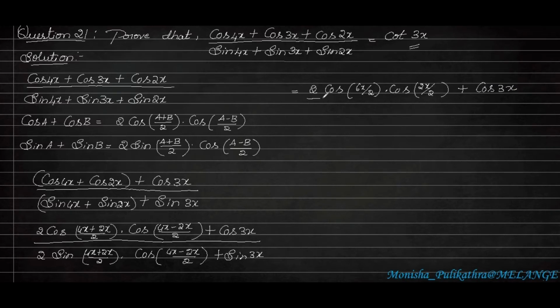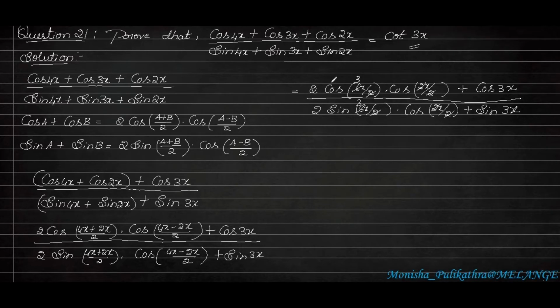In the same way, in the denominator it will become 2 sin 6x divided by 2 into cos 2x divided by 2 plus sin 3x. Here the 2s cancel and the ones cancel.